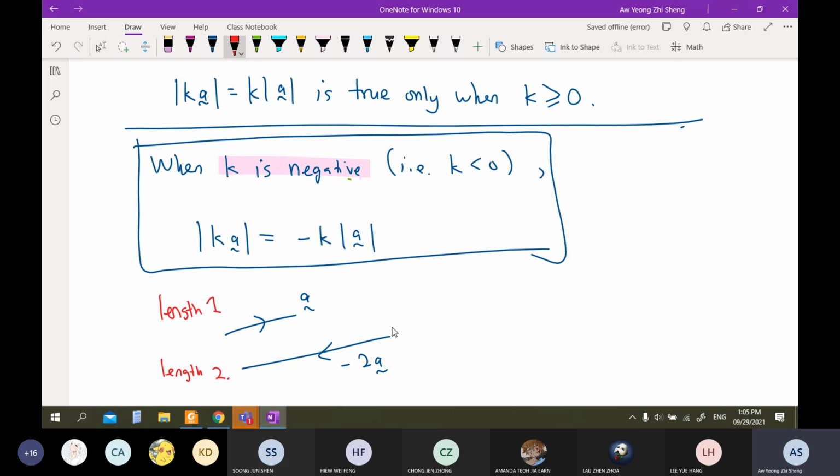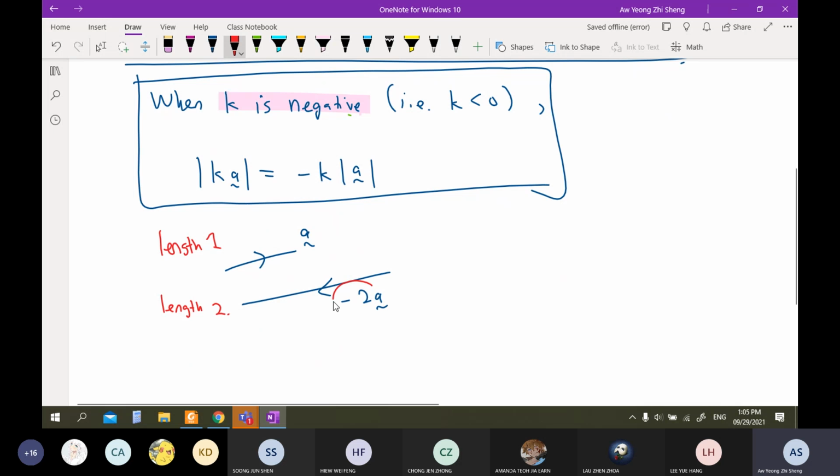How can we get a length of 2 if we want to use the number minus 2? The length of negative 2A is actually negative of negative 2 times the length of A, and that will give us 2 times 1, which is 2. So what Shruti says in chat is correct.